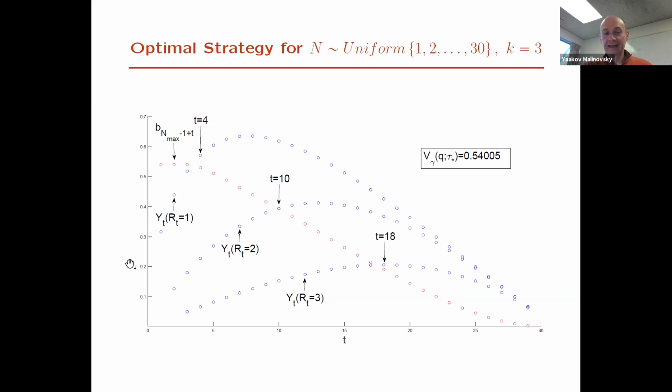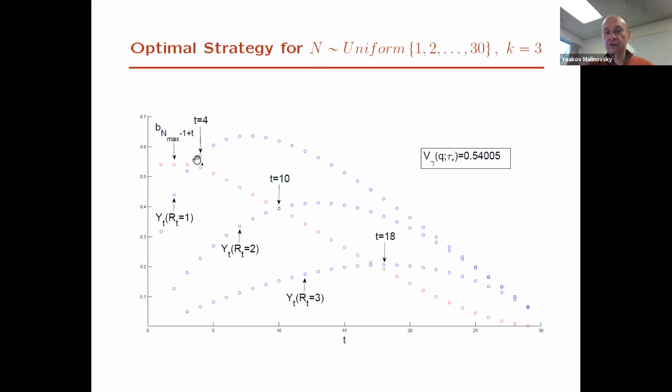And again the policy in this case becomes very similar. The stopping rule is always the same type. In the beginning we don't stop, and then we stop early, because in the previous case it was fixed support 30, but now it is random support with maximum 30, so n is random.